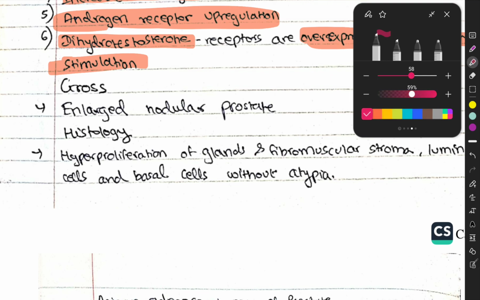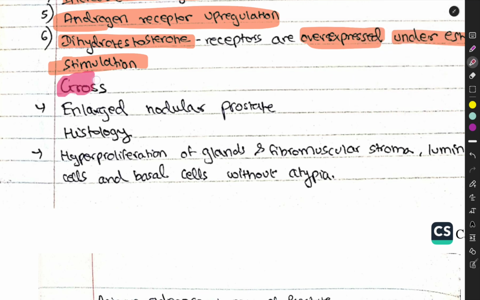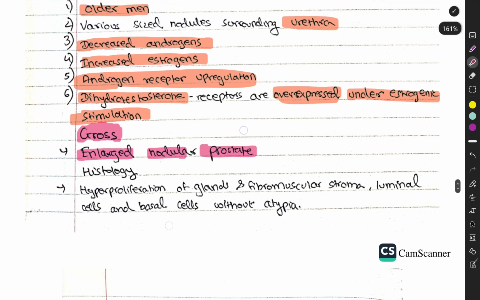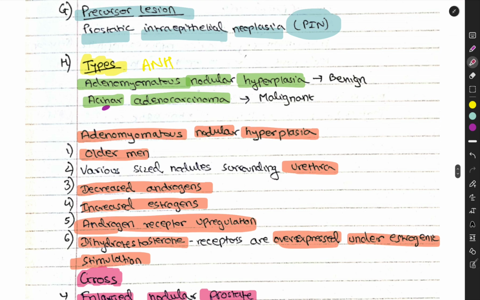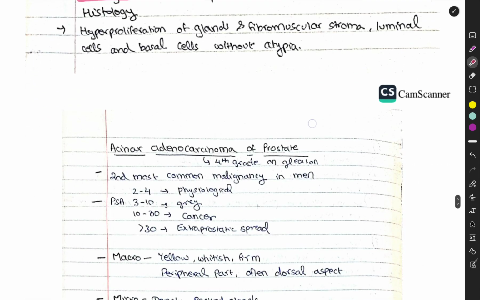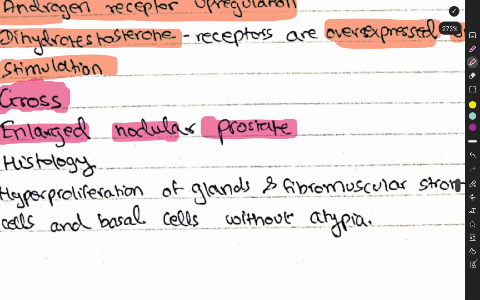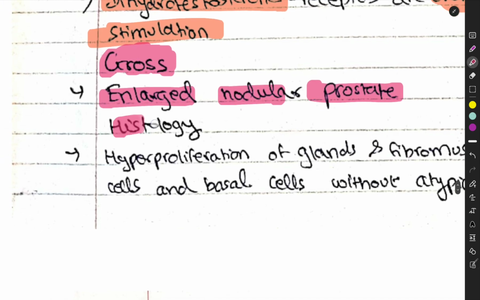Now, what does it look like macroscopically? It looks like an enlarged nodular prostate. This was already in the name, right? Adenomatous nodular hyperplasia. So you have an enlarged nodular prostate.